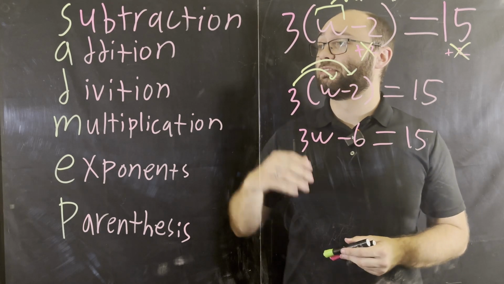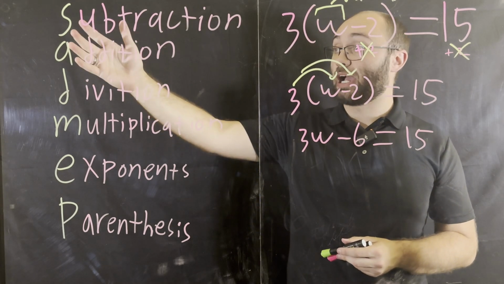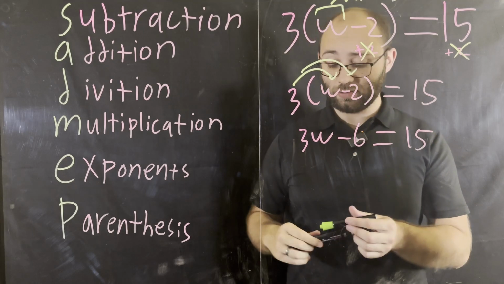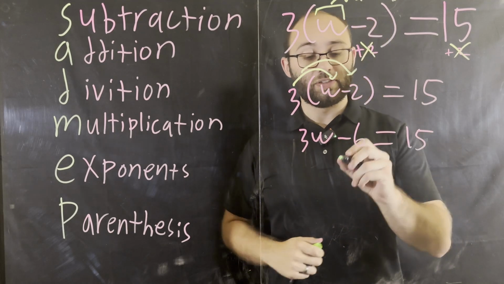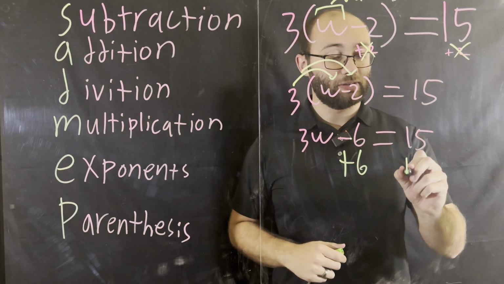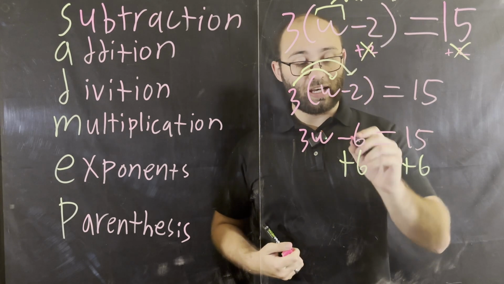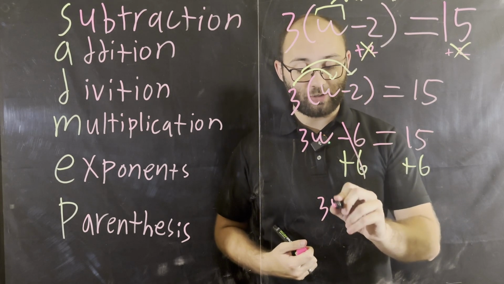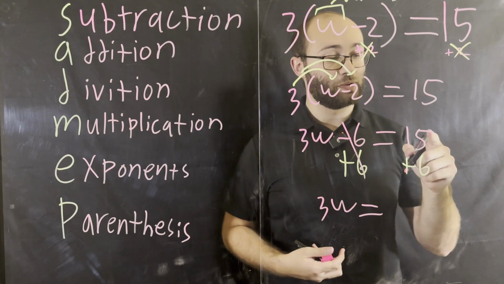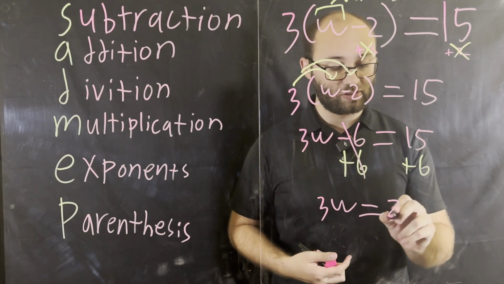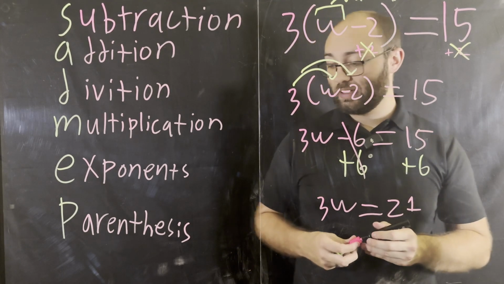Okay, first off, do I have any subtraction or addition? And I certainly do. I have this 6 right here. So let's add the 6 over. Now on this side, these cancel out, and I'm left with 3w is equal to 15 plus 6 is 21.